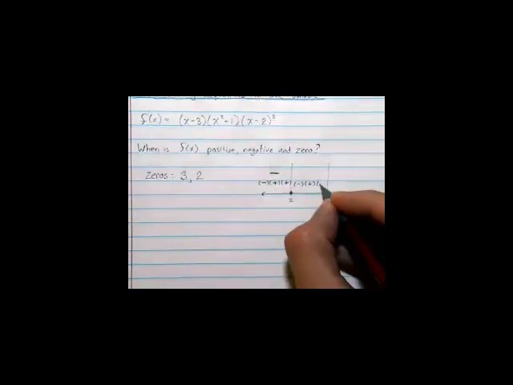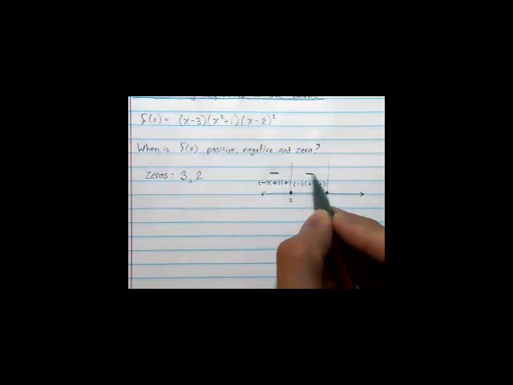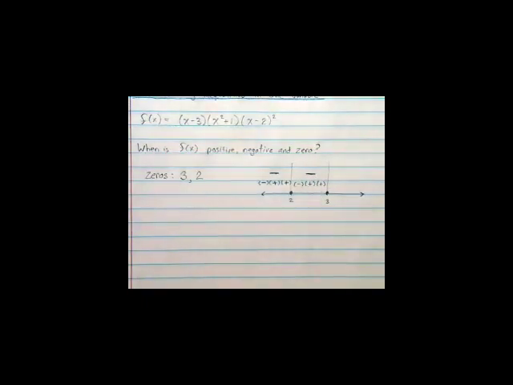So in this interval, I've got a negative times a positive times a positive, negative. Some of you are probably like, wait a second, shouldn't that have switched? Not necessarily. We'll sketch a graph of this thing after we're done, and I'll show you.